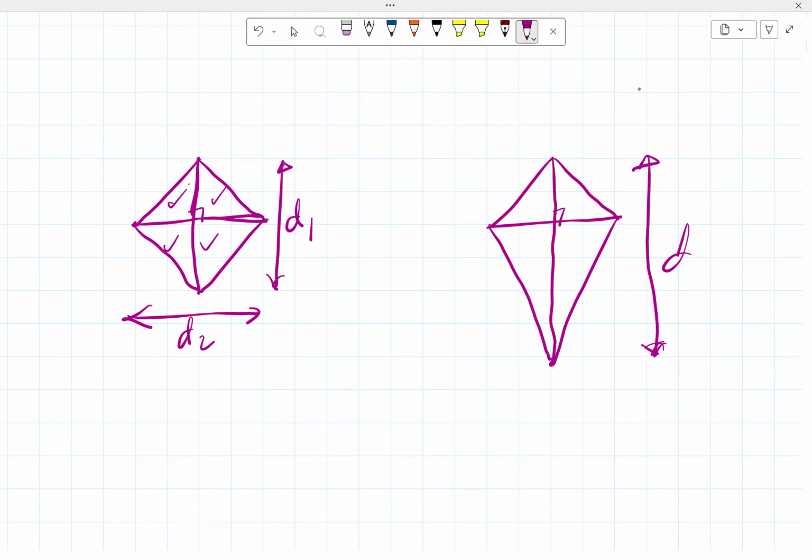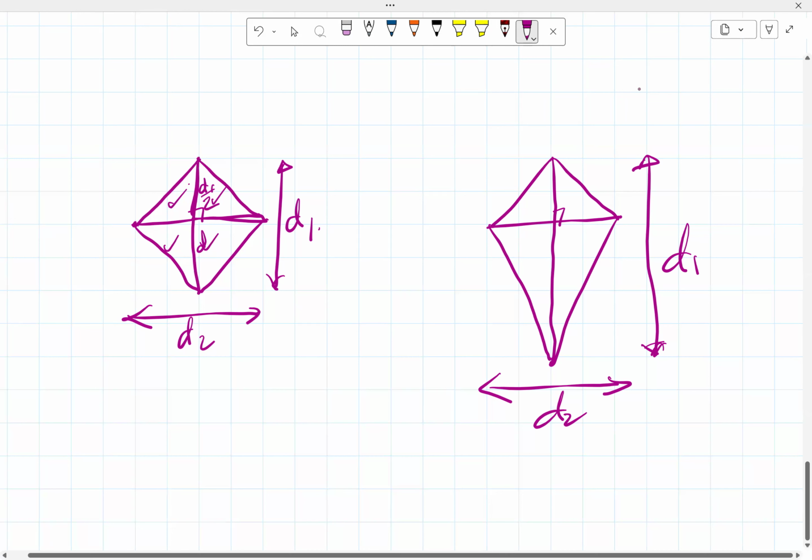This whole length is D1, and this whole length you call D2. Here you could have just said everything is D, but because we are doing the same thing for kites, for any pair you take, this is D1 and D2. So for this up here, you have D1 over 2. This is D1 over 2 also.